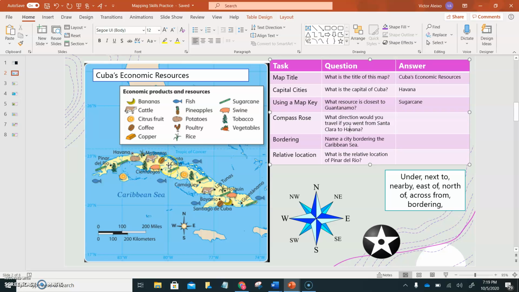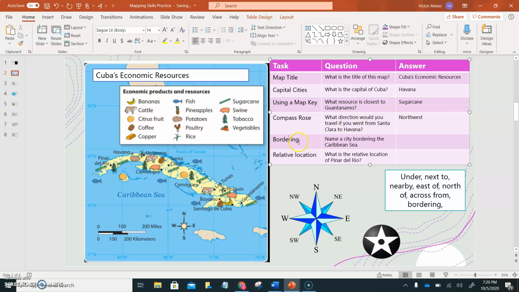So if you start at Santa Clara and go towards Havana, you make an upward motion to the left, which means you're traveling northwest. Again, from Santa Clara to Havana, you will move in a northwest direction. The answer is northwest.